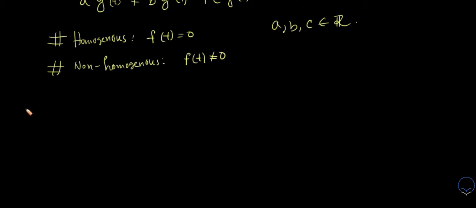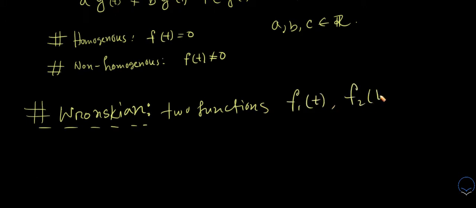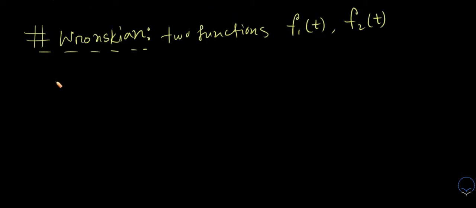It should be like this, Wronskian. So let's say you have two functions f1 of t and f2 of t, and the Wronskian for these two functions will be defined by W of f1, f2.